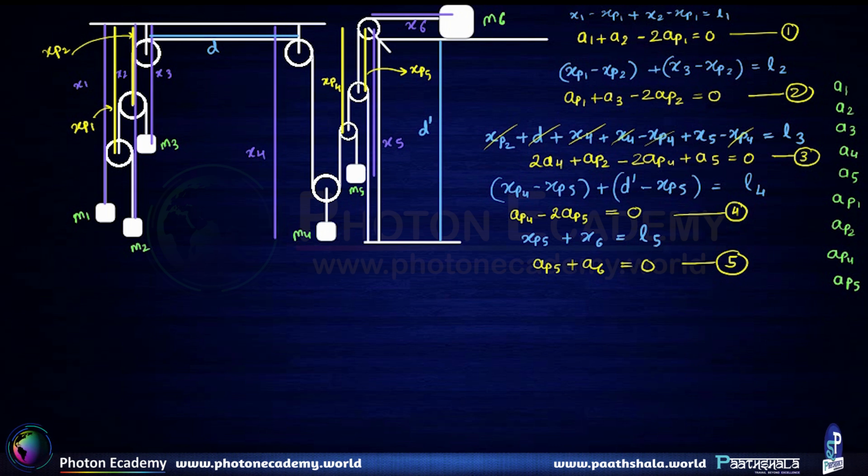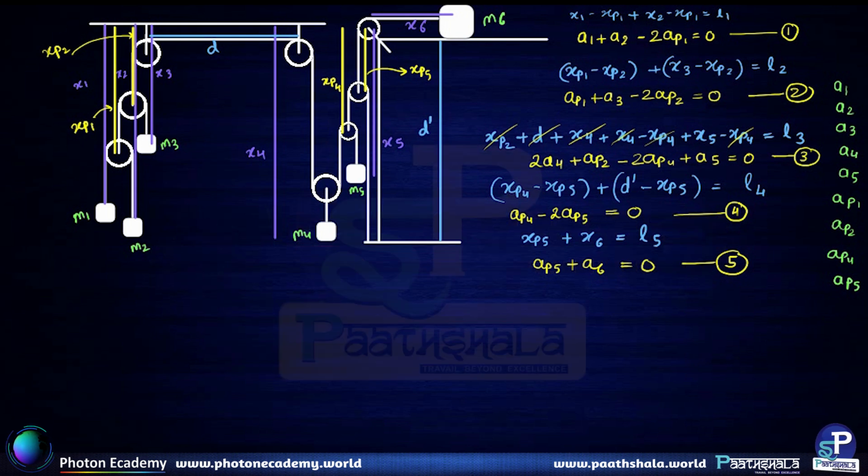Now let us understand what is happening with the tensions. Let us fix one tension and find out what's happening to the other tensions. So let us say we take the tension in this string to be T. So this also is T. This is 2T. This happens to be 2T as well.